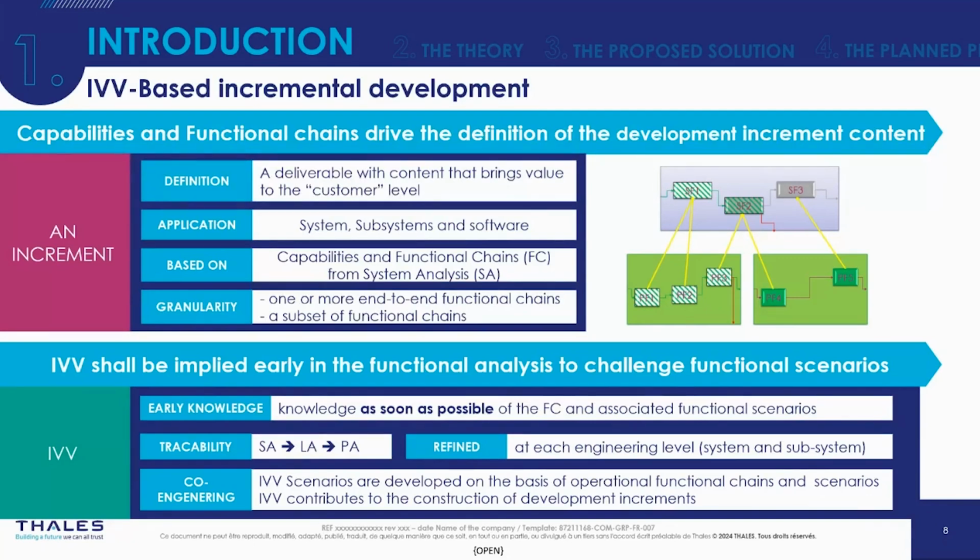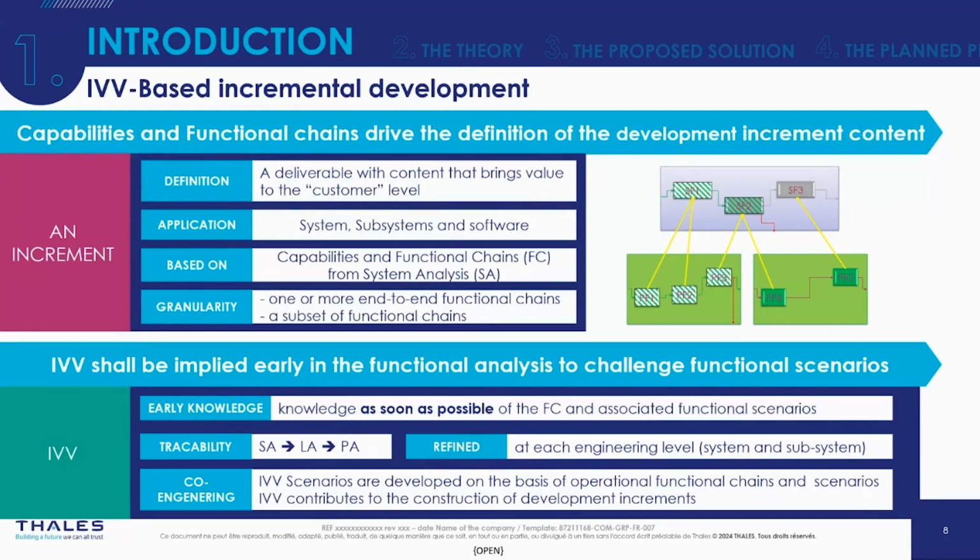In fact, it is from the functional chains that are broken down into logical architecture and physical architecture that the IVV will be able to identify scenarios that will be dedicated for testing its release, for instance.